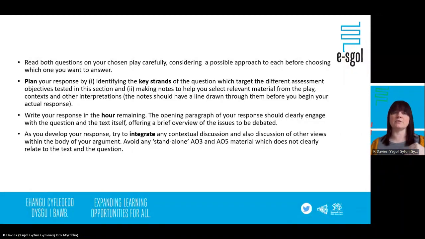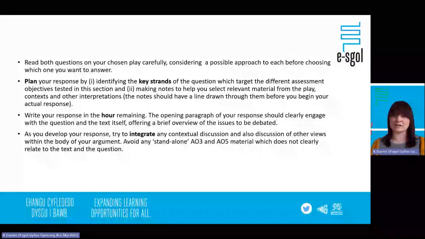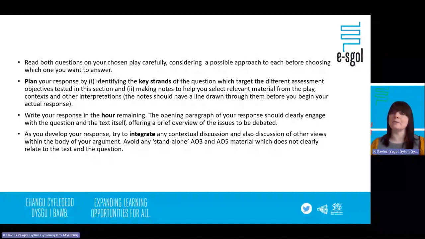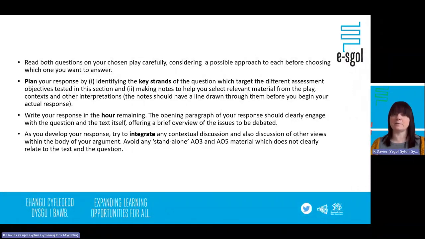Okay, so you need to plan your response by, to start with, identifying what the key strands of the question are and how they target the different assessment objectives tested in this section, and also start thinking about making notes that allow you to select relevant material from the play, any relevant context that you think you can apply, and any other viewpoints.